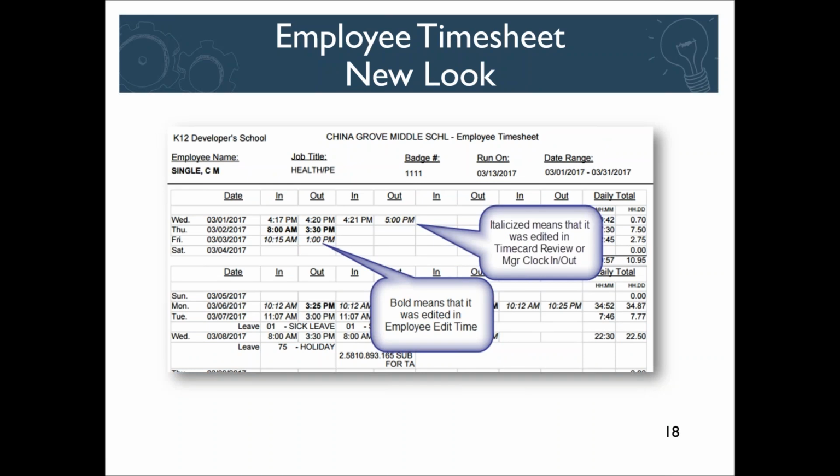It now has new grid lines to enhance the readability of the report. We also have times that are italicized or bold. The italicized means that they were edited in the time card review or the manager clock in, clock out programs. Bold means that the time was edited by the employee edit time program.